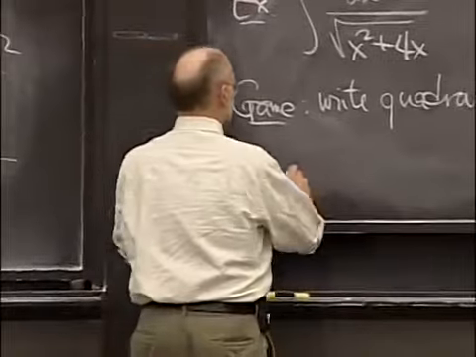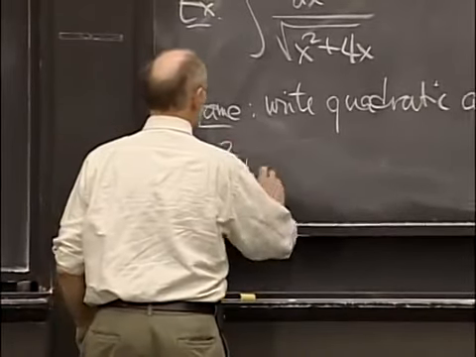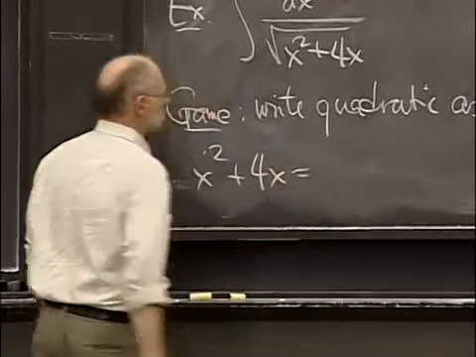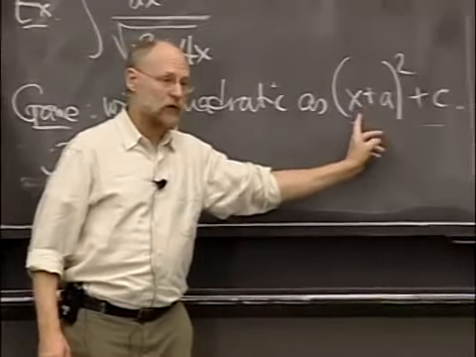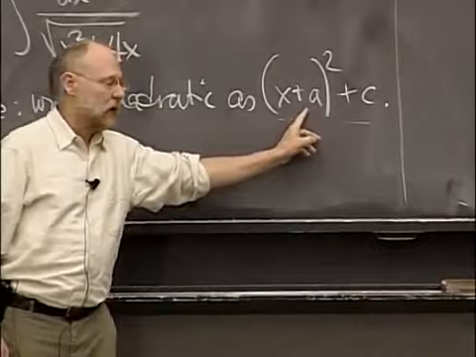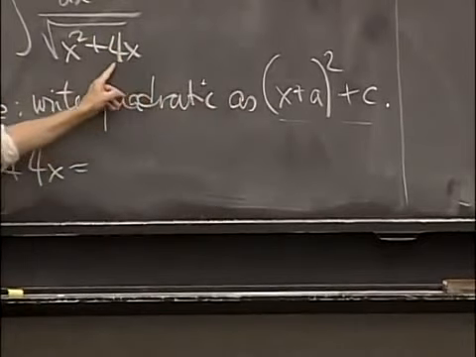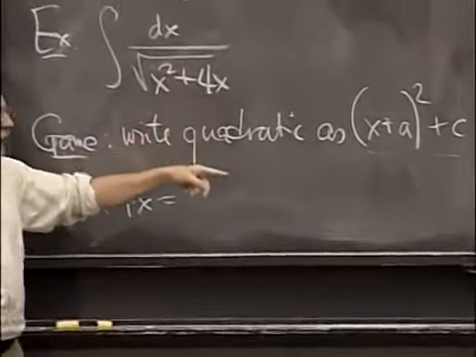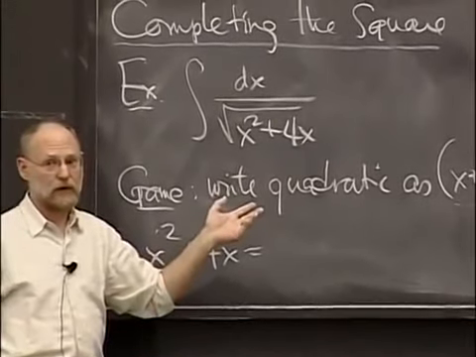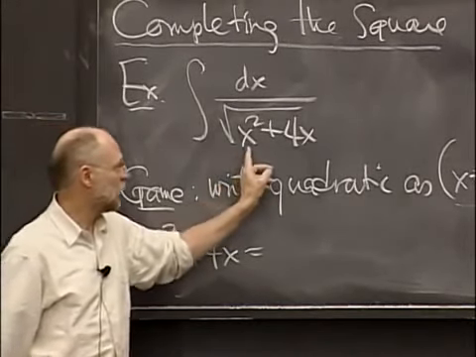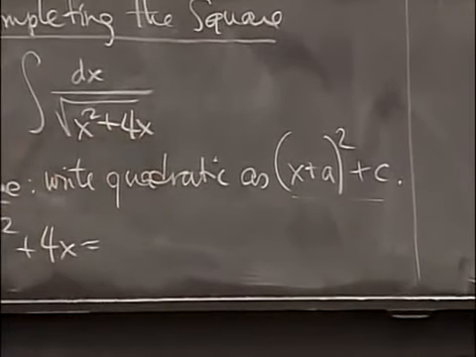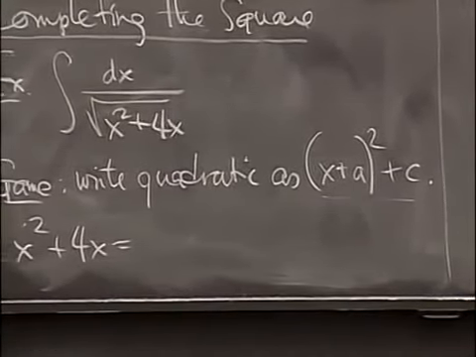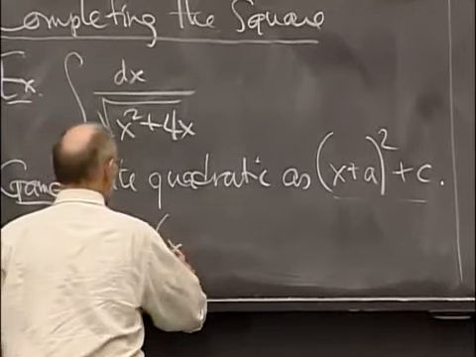So let's do that in this case. X squared plus 4x. Well, if you square this form out, then the middle term is going to be 2ax. And so since I have a middle term here, I pretty much know what a has to be. The only choice, in order to get something like x squared plus 4x out of this, is to take a to be 2, because then this is what you get.